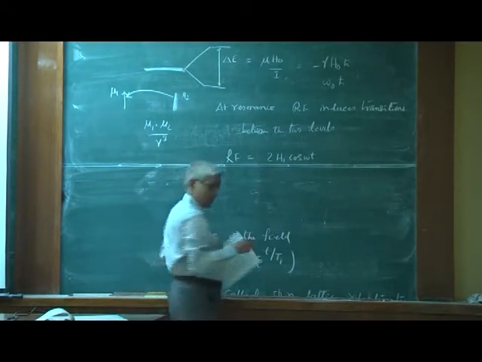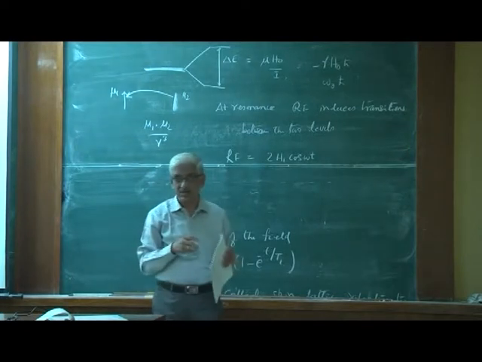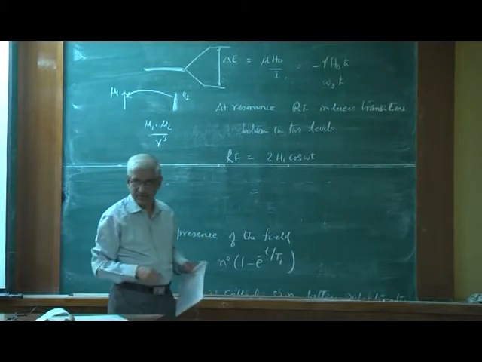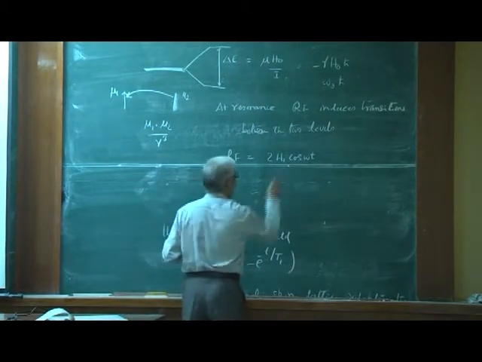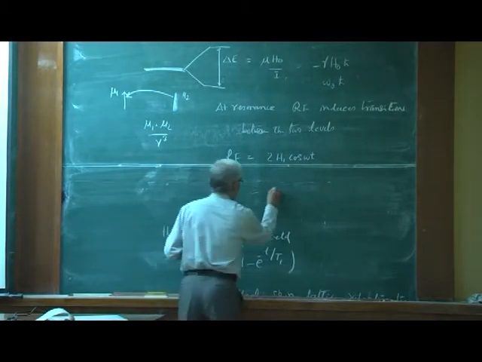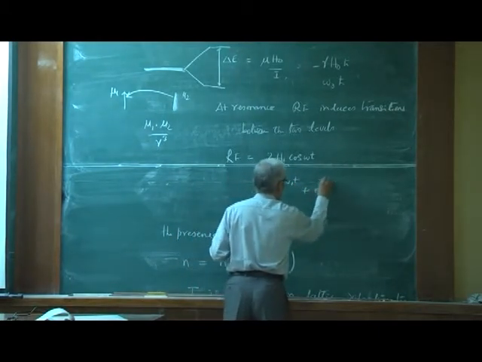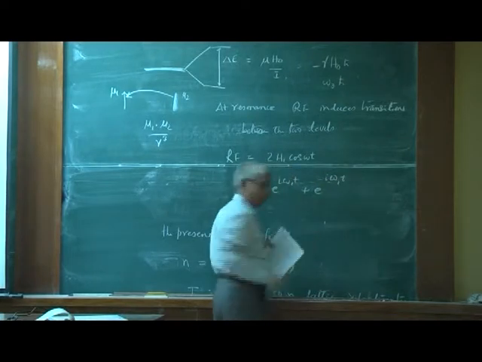So you can build. Yeah, sorry, 2 times H1. You can put the 2 arbitrarily. I will show the reason very quickly. Why did I put this? This is equal to e to the i omega 1 t plus e to the minus i omega 1 t.